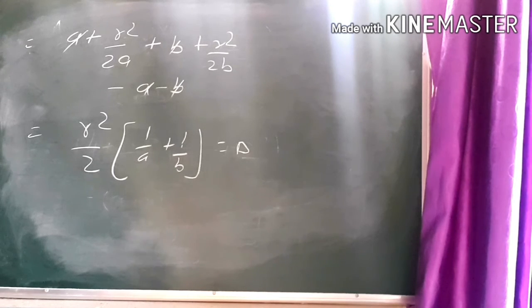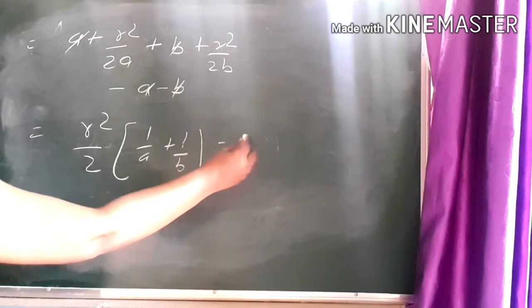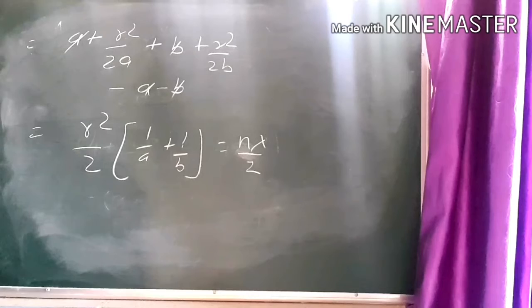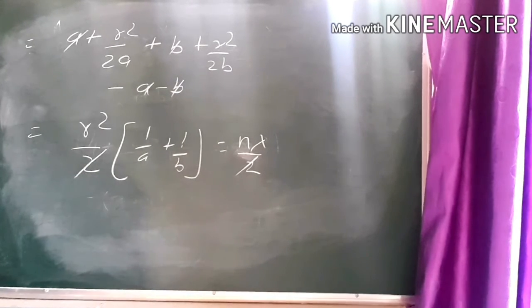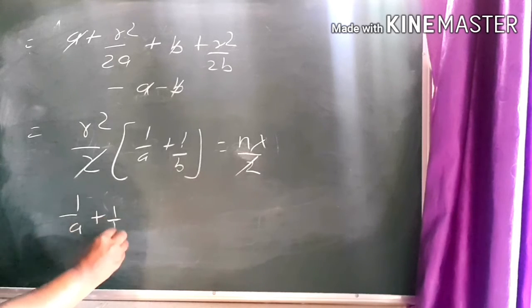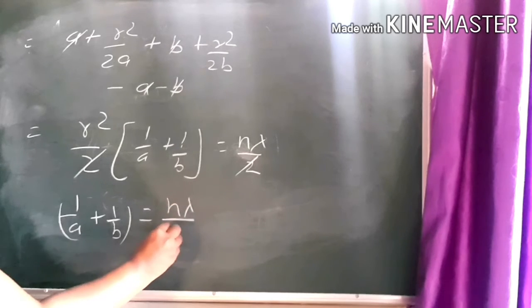Then n half period zones create a path difference of n lambda by 2. If there are n half period zones, then this path difference is equal to n lambda by 2. The 2 will cancel out and we have 1 by a plus 1 by b is equal to n lambda by r square.